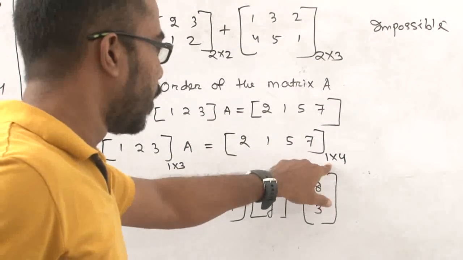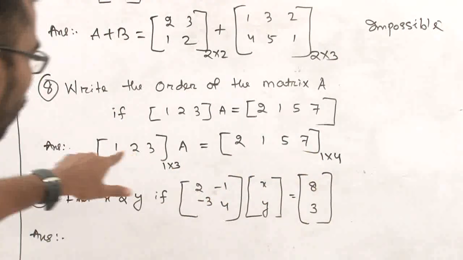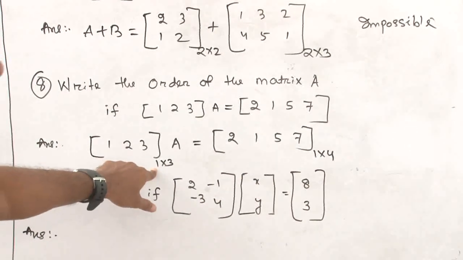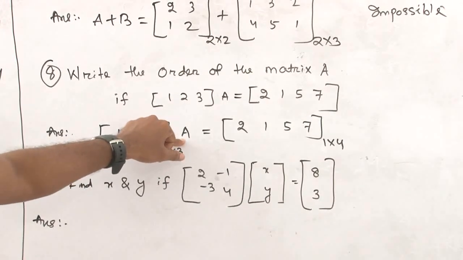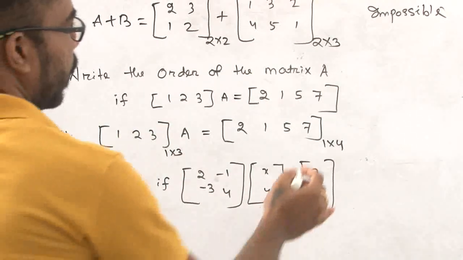So the order of the result matrix is 1 into 4, and the order of the first matrix is 1 into 3. We have to find what the order of A is. First, we have the condition.